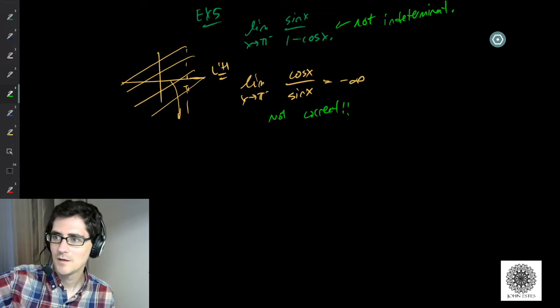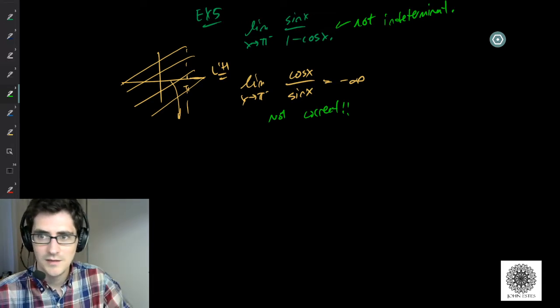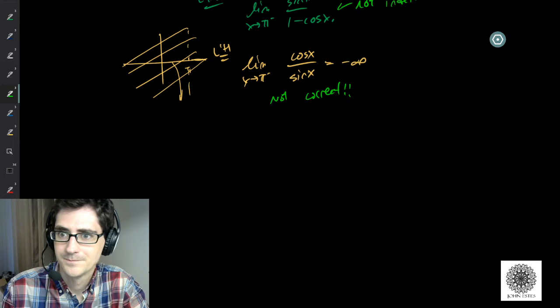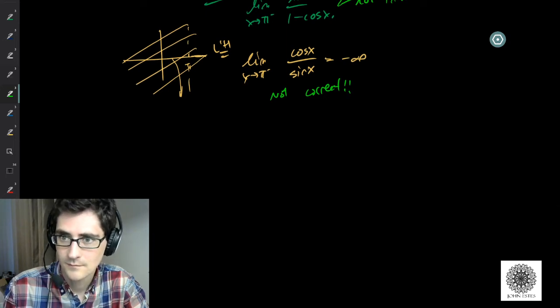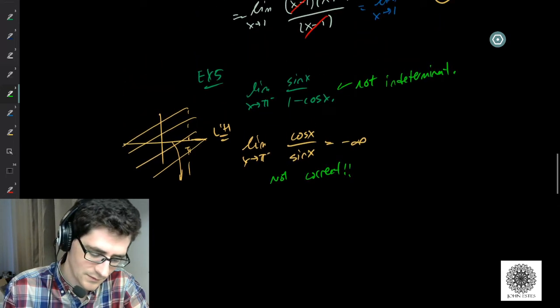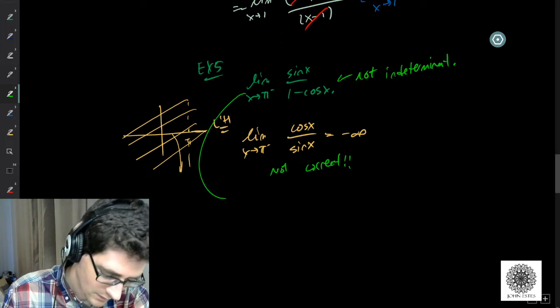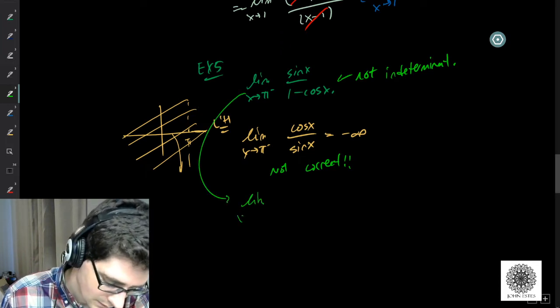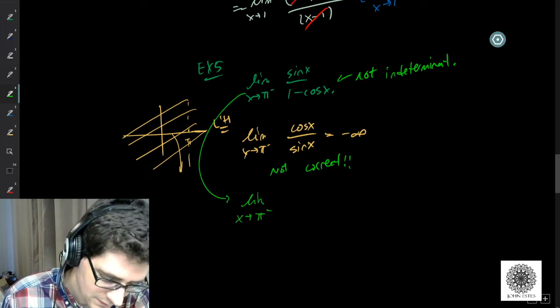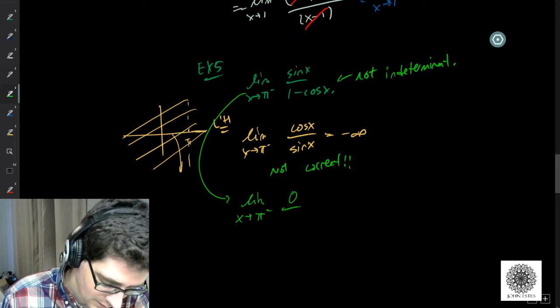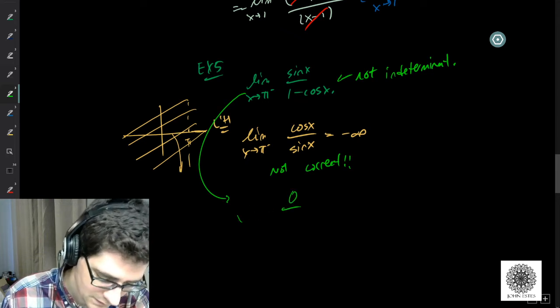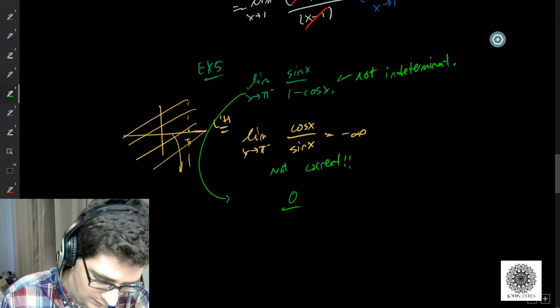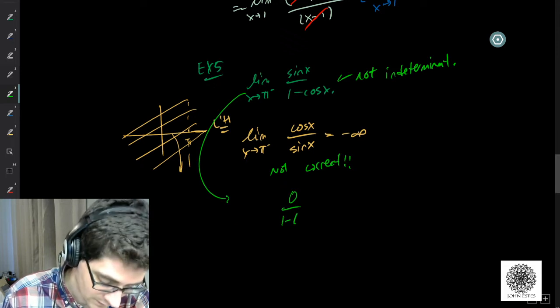So we need to be careful. Don't just pull the trigger immediately. Actually, I'm sorry. Let me think. Do we get a 0 over 0? We do, don't we? Sine of pi is 0. And cosine is going to be negative 1. Or, sorry, positive 1.